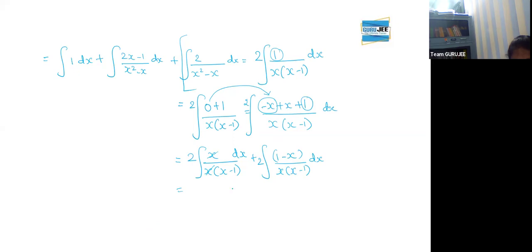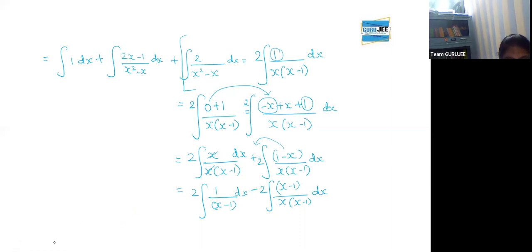If you take a minus out, then this becomes minus 2 integral of (x minus 1) divided by (x minus 1) dx. Have any doubts till this? Check and tell me. I have taken minus out, so now I have changed the sign: plus 2 as minus 2.